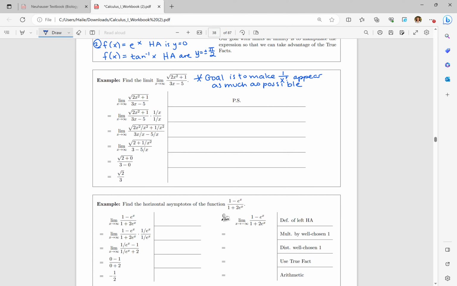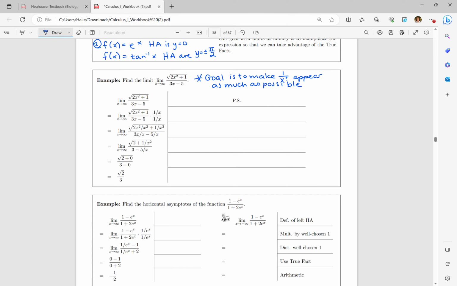So what we're going to do is multiply our function by 1 over x over 1 over x. So let me explain where this comes from. So 1 over x is the largest power of x in the denominator. And the reason we choose that is because that's going to give us the most 1 over x to some powers that we can possibly get. Okay, so we choose the largest power in the denominator.